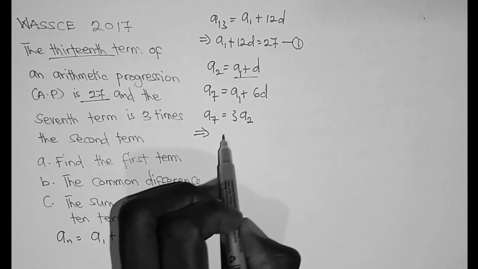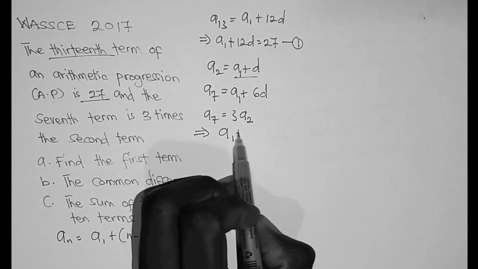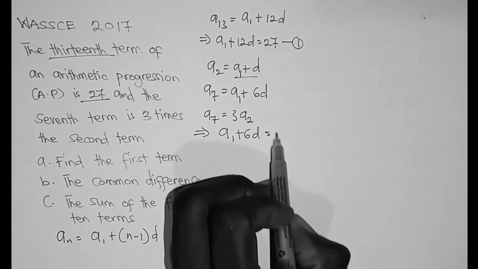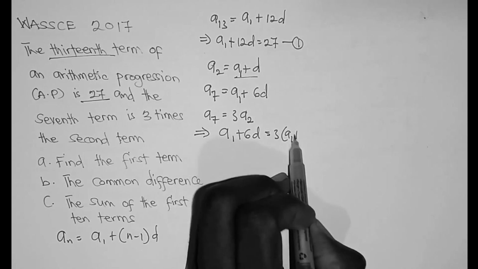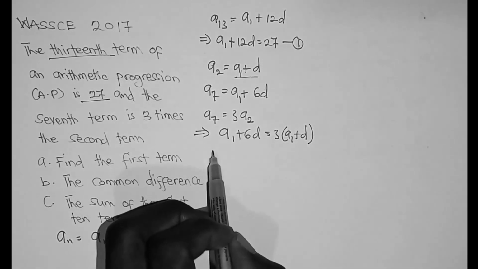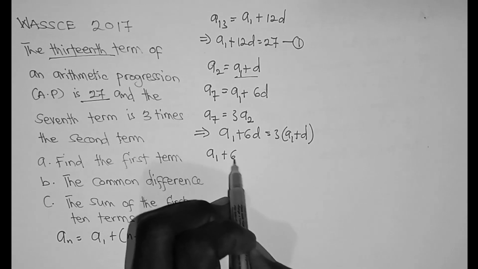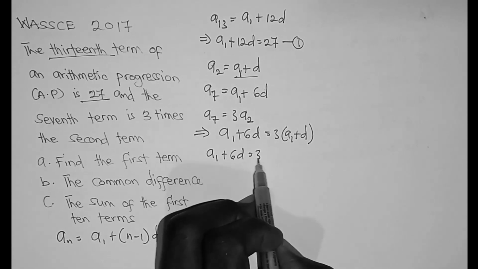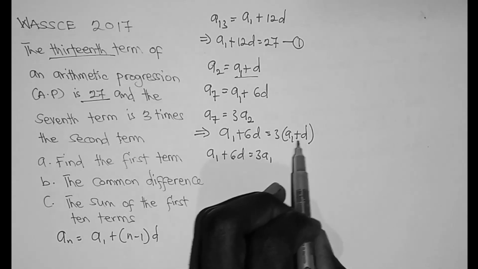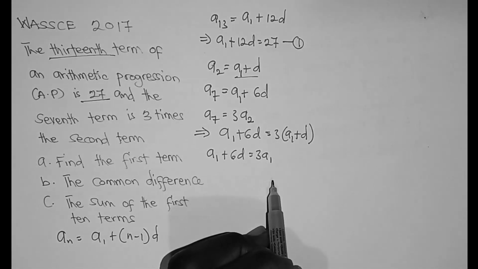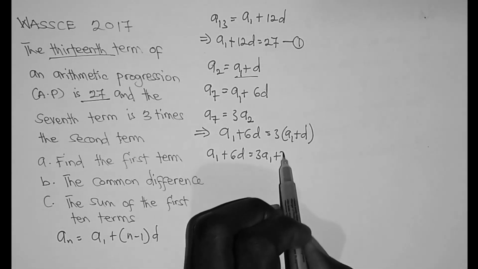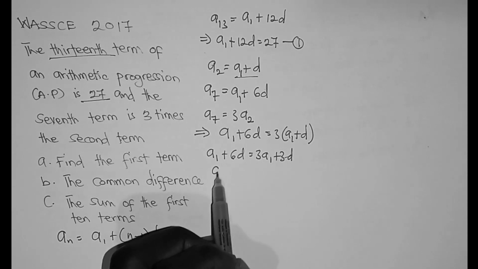So this implies that A1 plus 6D is equal to 3 times (A1 plus D). So A1 plus 6D is equal to 3A1 plus 3D, expanding this.